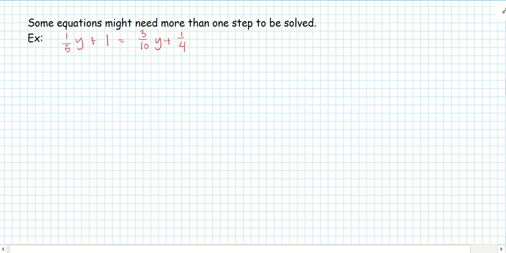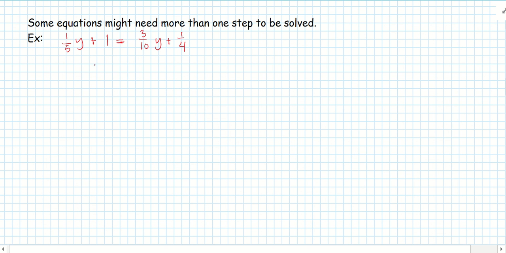That's why I want to show you how to work with this type of equation. If you can work with this equation, you're going to be able to manage all the other problems in the chapter. What I'm about to show you is something we have seen before, when I showed you about adding or subtracting fractions.